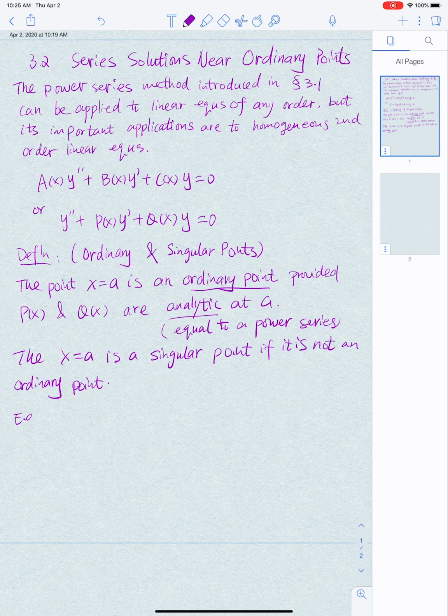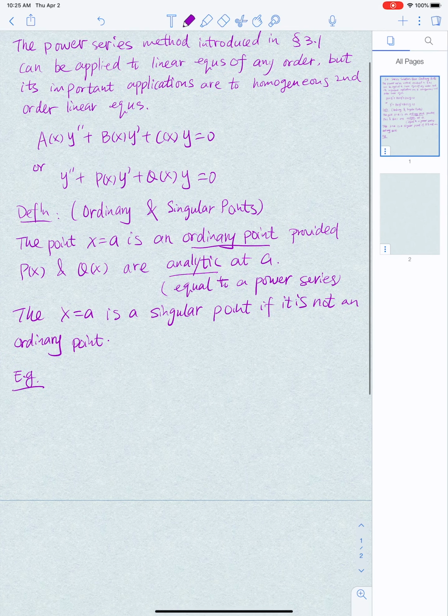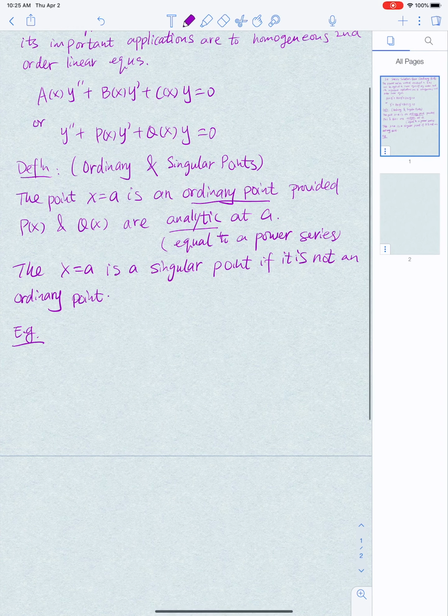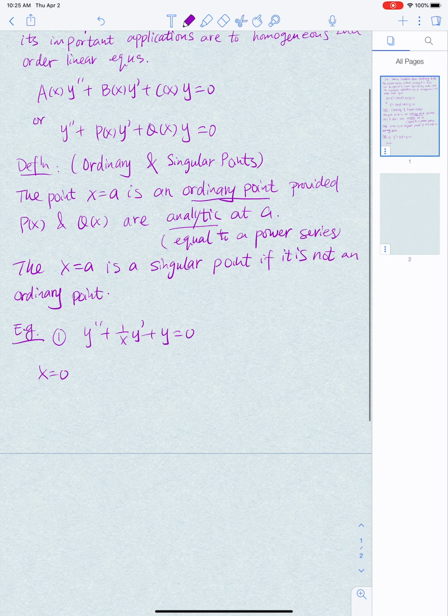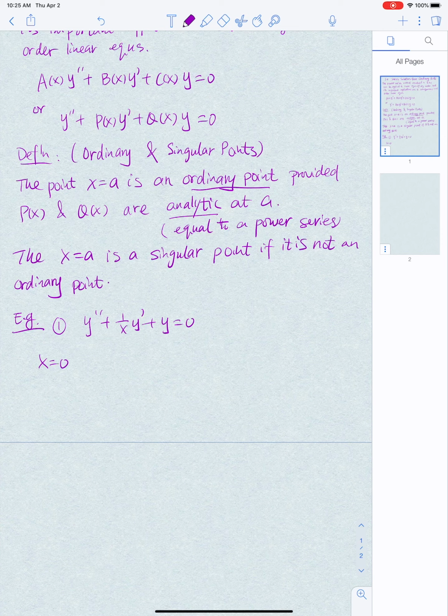And we're going to look at a couple of examples. Notice in this example, p(x) equals 1 over x and q(x) equals 1. x equals 0 is considered a singular point.